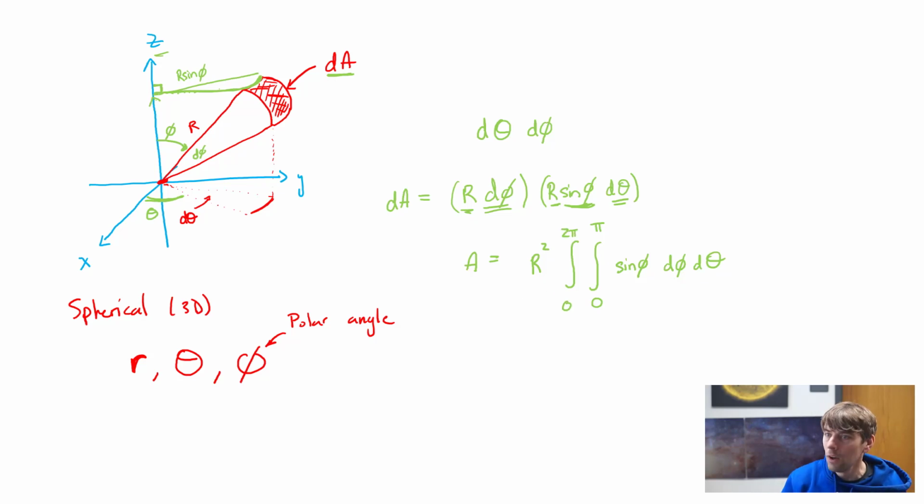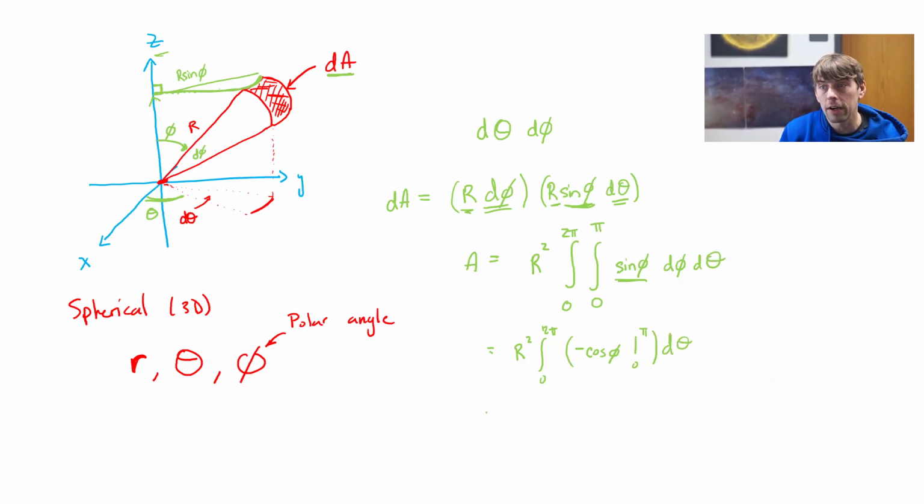All right. Well, now all that's left to do is for us to integrate. Of course, we know that the integral of sine of phi is negative cosine of phi. Good. And let's go ahead and evaluate at the upper and lower limits. We get r squared, the integral from 0 to 2 pi of negative cosine of pi.